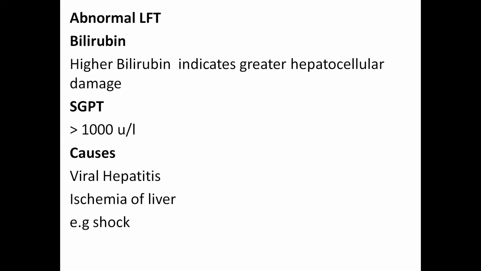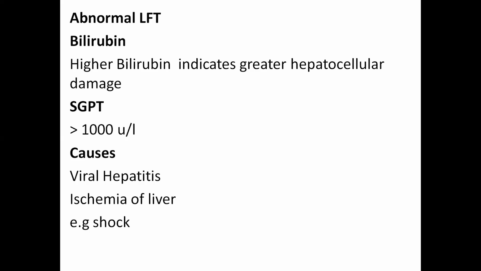Second is the ALT. These enzymes are released, so it does not show prognosis. Sometimes a patient with ALT of 4,000 will recover, so it does not show prognosis. Very high ALT, more than 1,000, has most important causes: viral hepatitis, and ischemia of the liver, for example, shock.